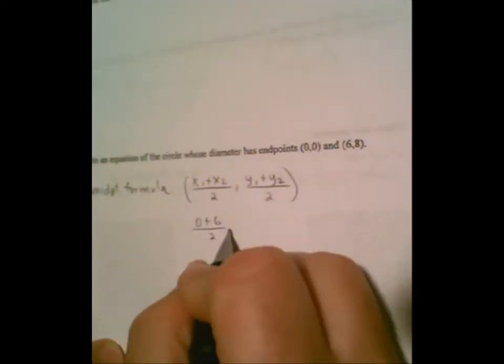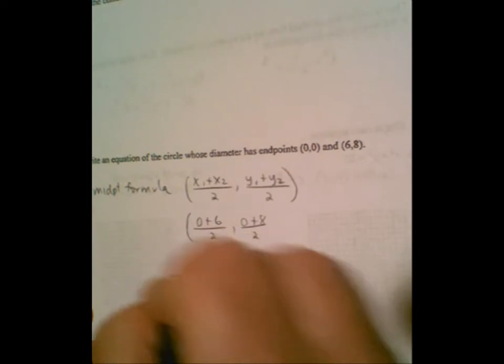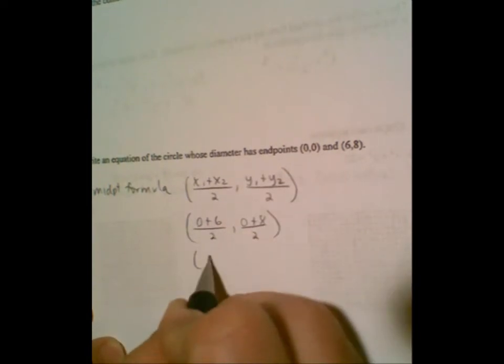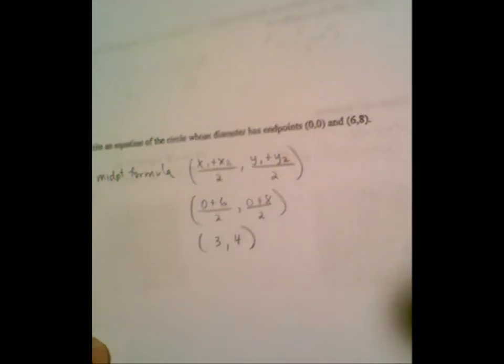So 0 plus 6 divided by 2, 0 plus 8 divided by 2. 6 divided by 2 is 3, 8 divided by 2 is 4. So (3, 4) is the center of the circle.